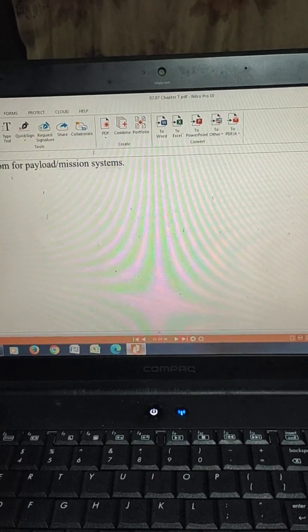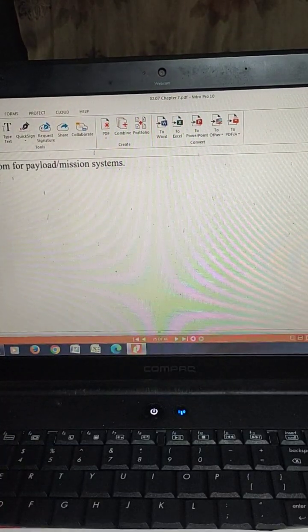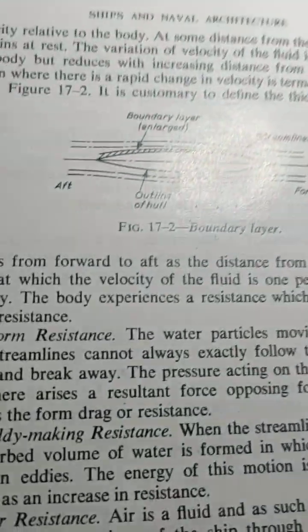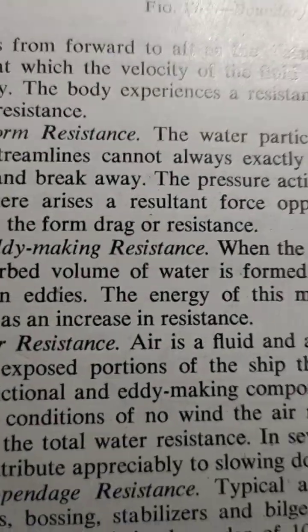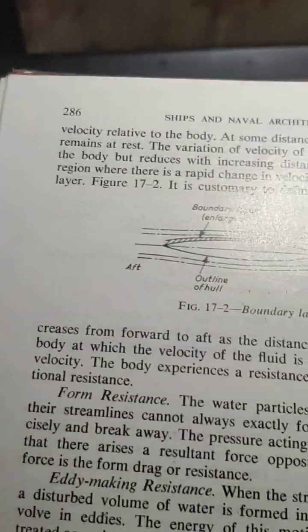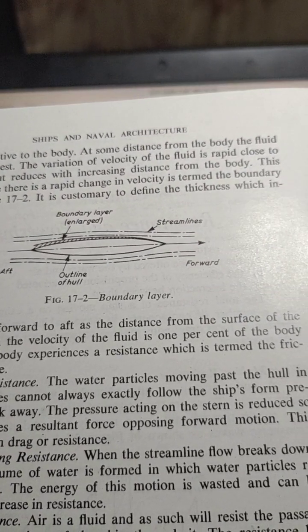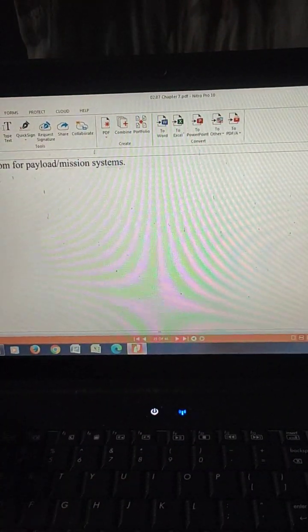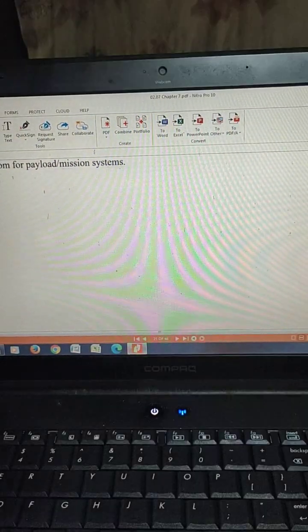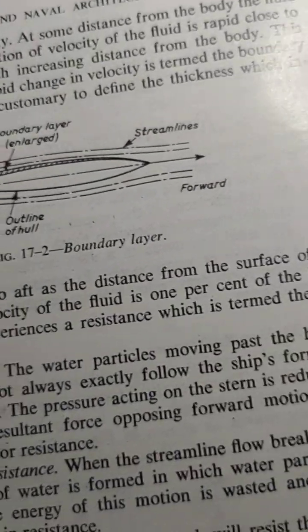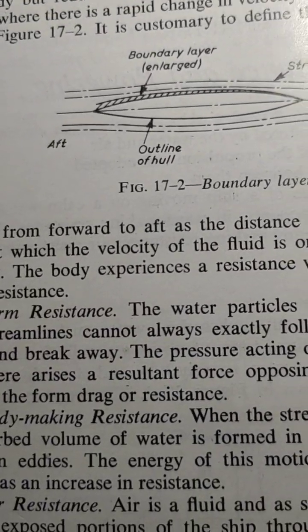having seen all this, the person that actually came to visualize all these things and try to quantify the resistance of the vessel, somebody did it, and that is the person in the name of Froude. He said, how do we quantify all these resistances?